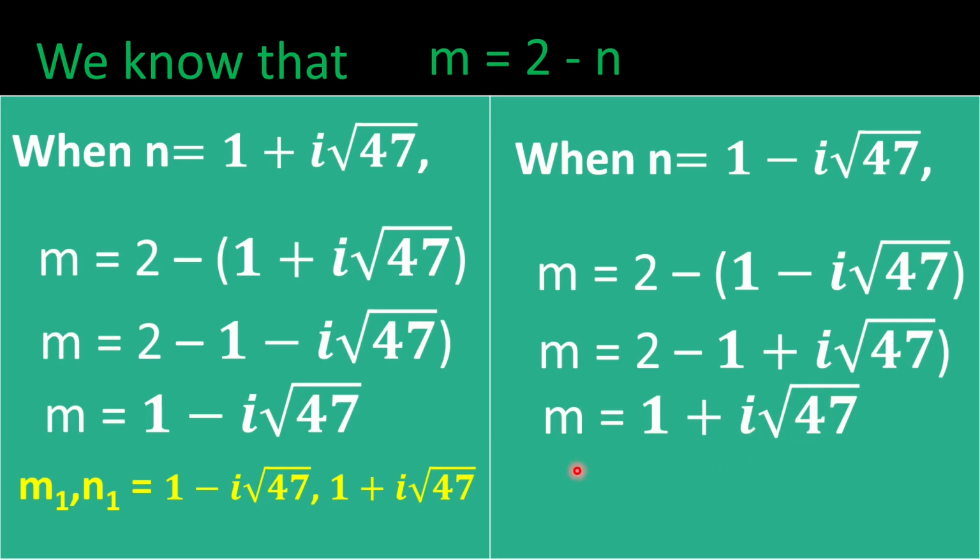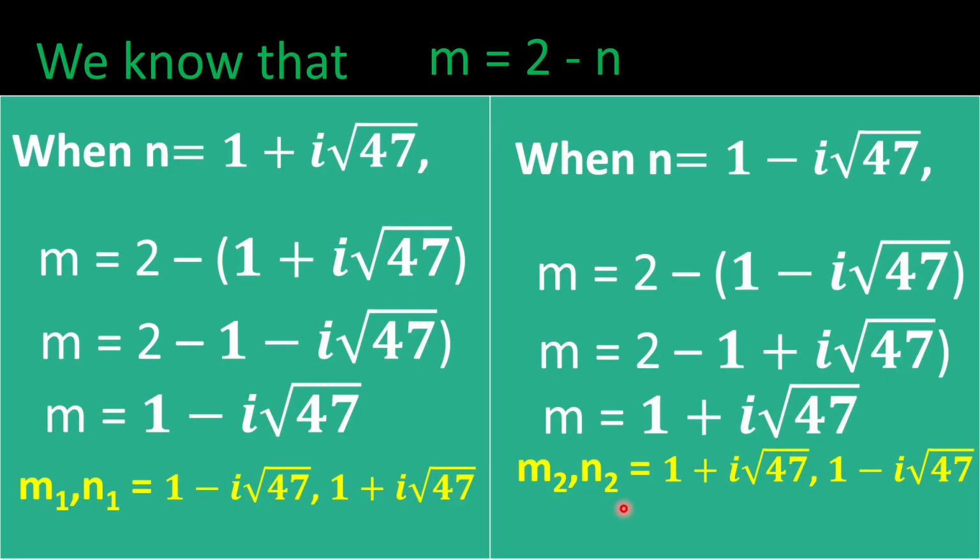And now we have values of m and n, which we call m2 n2, which is equal to 1 plus iota times square root of 47 and 1 minus iota times square root of 47. So these are the values of m and n, basically two values we have.